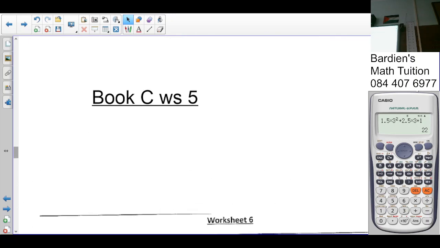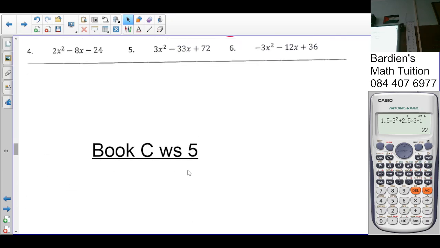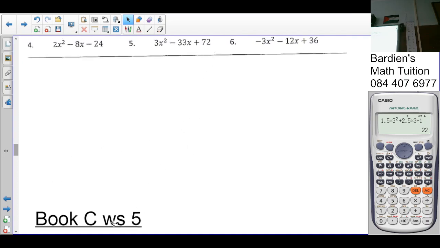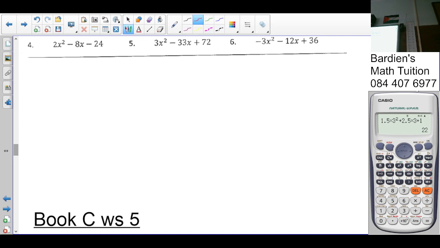Look at number 4. So what can be done here? Common factor of 2. What are we left with? X squared minus 4x minus 12. The product line goes 1 and 1, 1 and 12, 2 and 6, 3 and 4. Do we add or subtract the products?